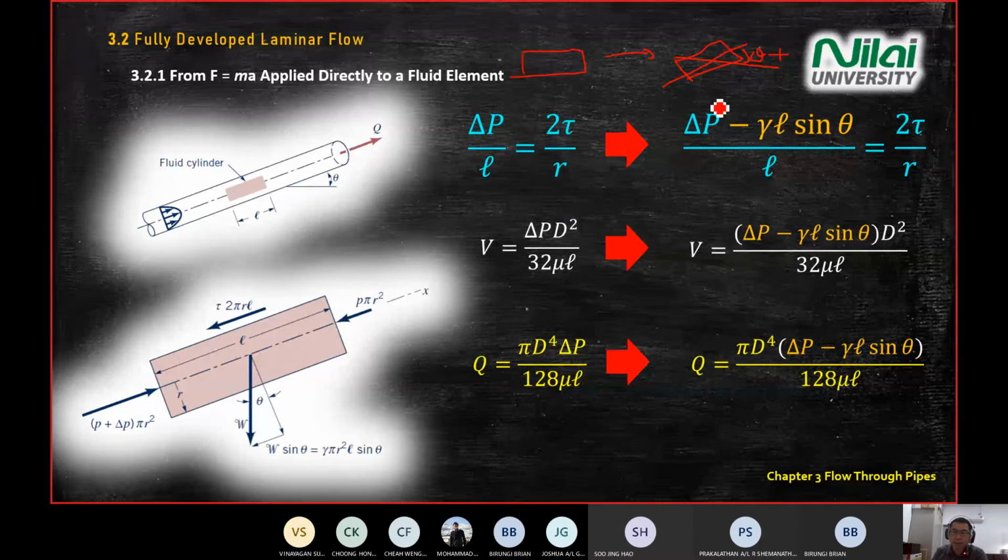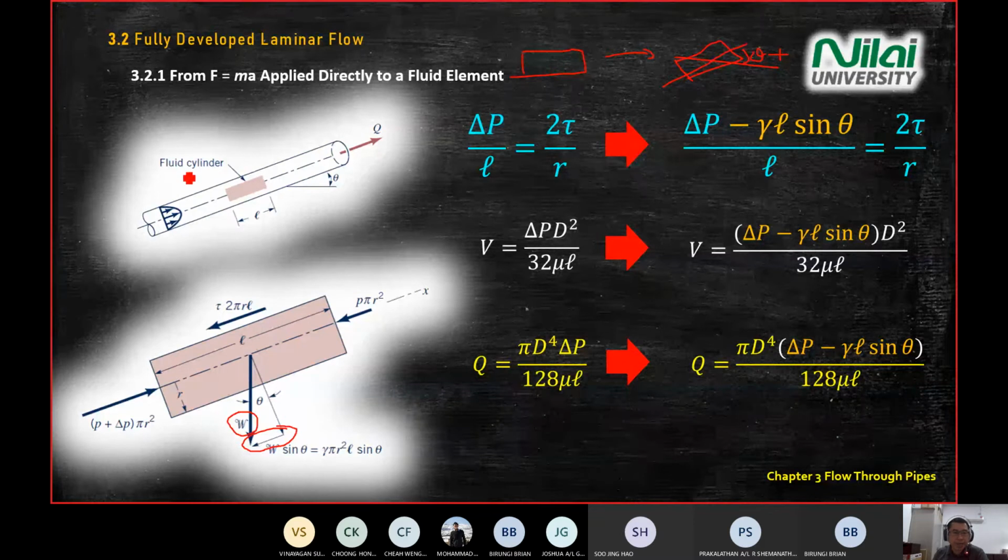And just a side note for this one, what makes this term come into place is the action of gravity on the mass W itself. If you look at the free body diagram here, there's an additional component on your W, because of your fluid weight.